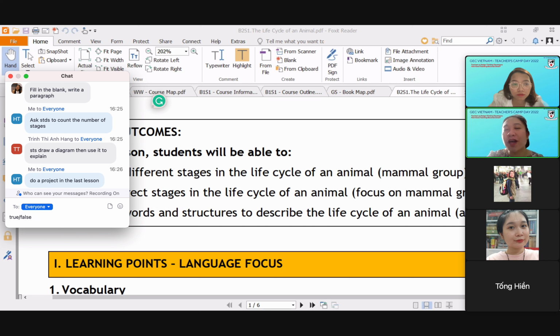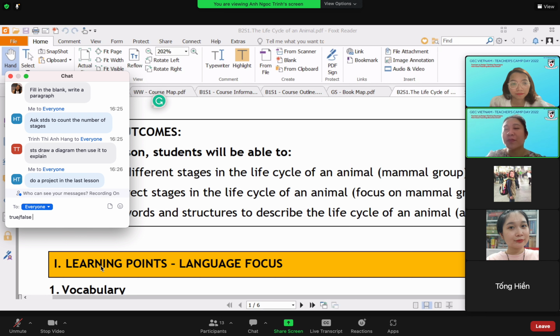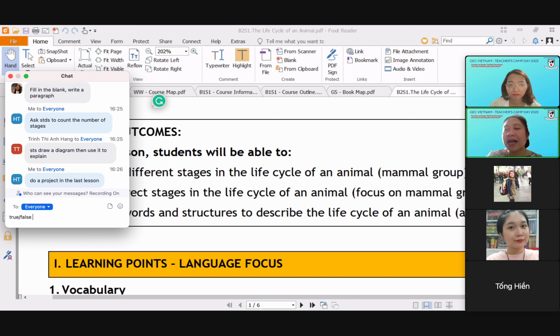They can choose a particular mammal that they like, study its life cycle, and then use the words and structures they learned to build a talk, or maybe a piece of writing about it, okay? Or maybe just write a description text about the life cycle of their favorite animal. So at the end, or maybe as homework, they can use it.